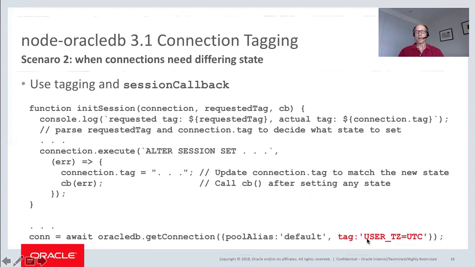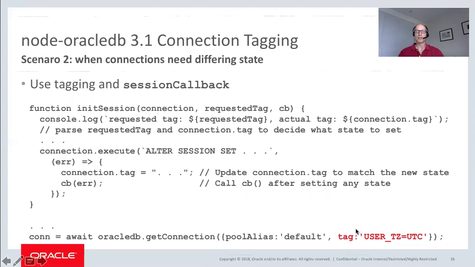We have this new attribute tag for the get connection call, and these have a semi-arbitrary syntax. Effectively, it's sort of A equals B, semicolon, C equals D syntax that you will want to be using. And what happens is very similar to scenario one.